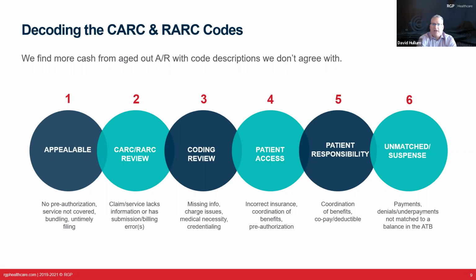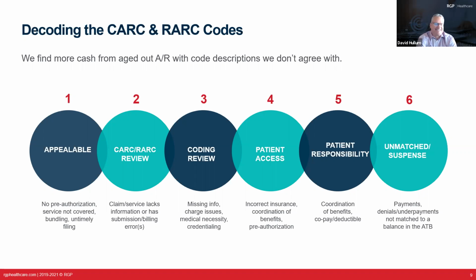So you may have already adjudicated them on your accounts receivable and in your patient accounting system, but unfortunately the payer has come back and said, no, we made a mistake. We're going to take some of that back, right? So it's important to understand that there's a discipline around that as well. I could probably have another 50-minute webinar just on unmatched suspense, period, okay?